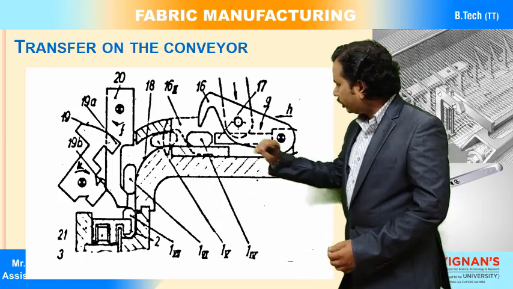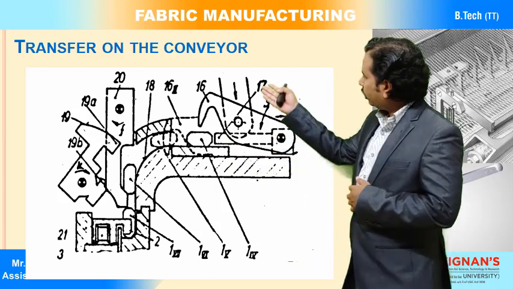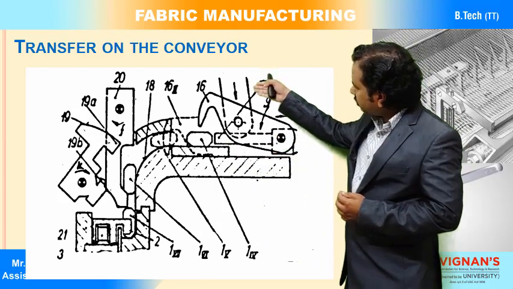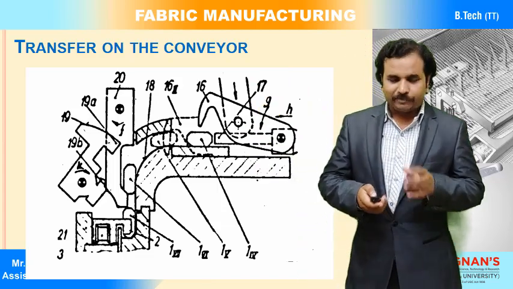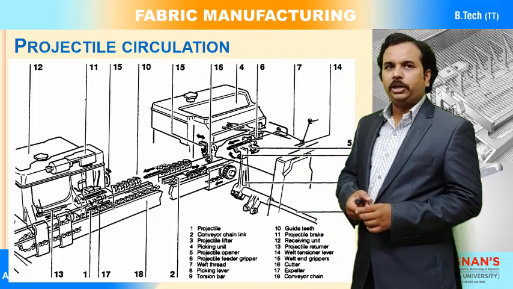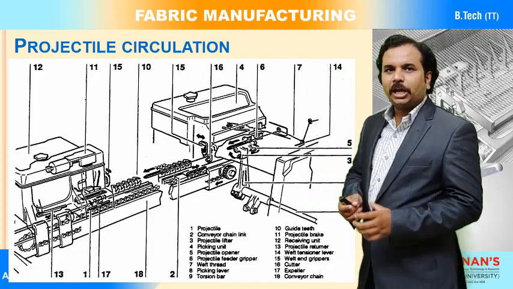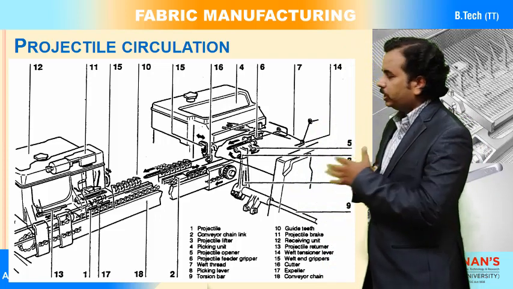You can see that on the bottom side there is a conveyor chain. You can observe the projectile slowly dropping down onto the conveyor chain. After dropping down onto the conveyor belt, the projectile is going to be transferred from the receiving side to the picking side.